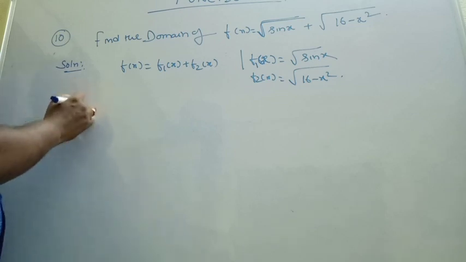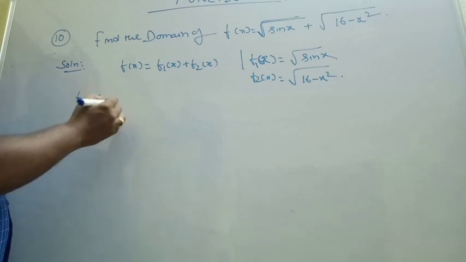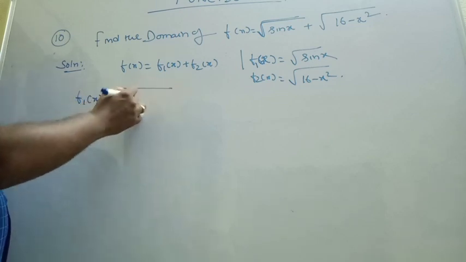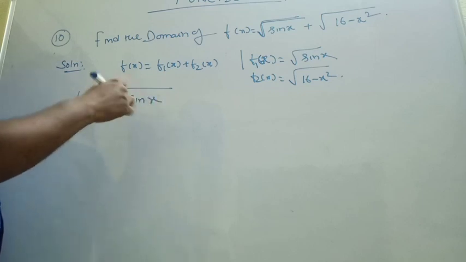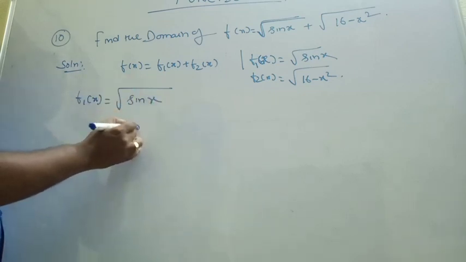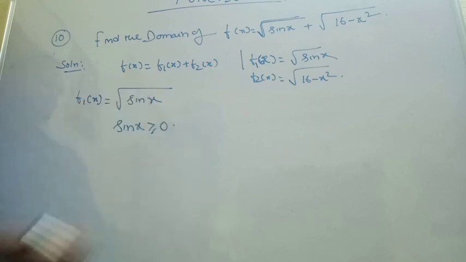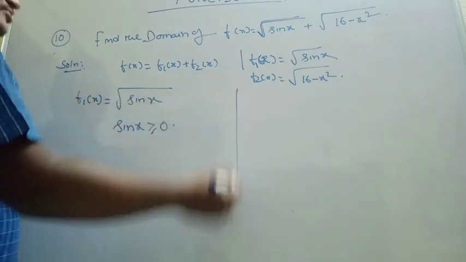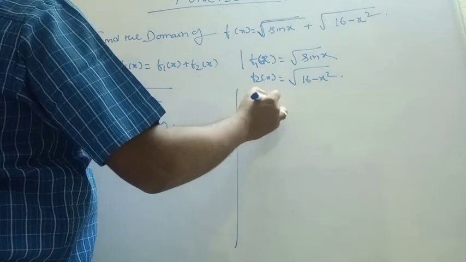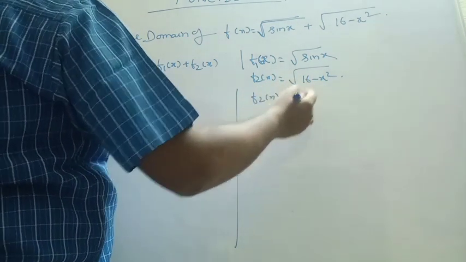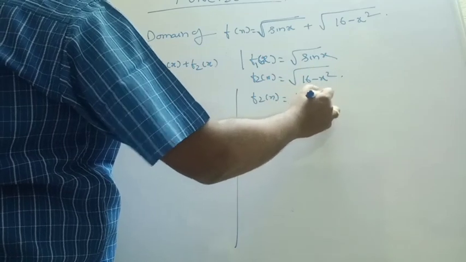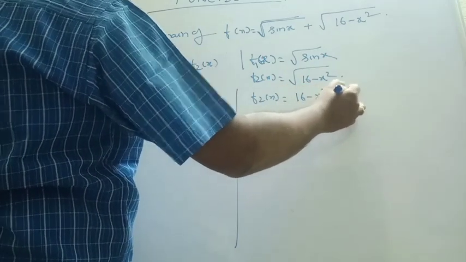Now f1(x) is root over sin x, that means sin x has to be greater than or equal to 0. This is what we need to get. And f2(x) is root over 16 minus x square, that means 16 minus x square greater than or equal to 0.